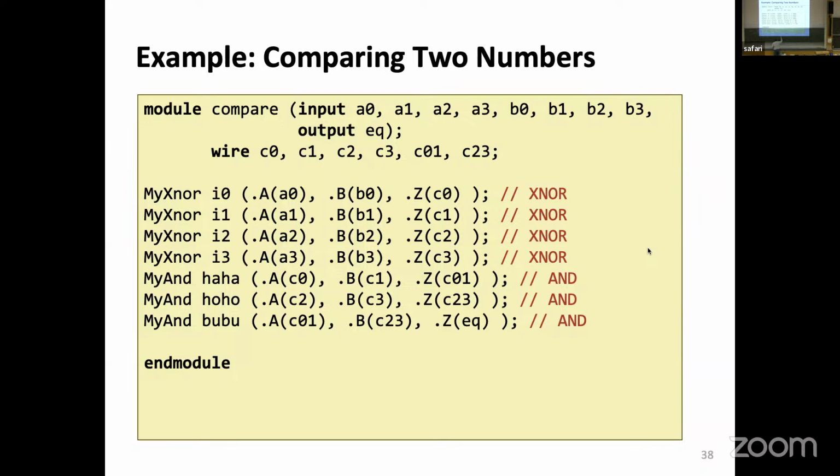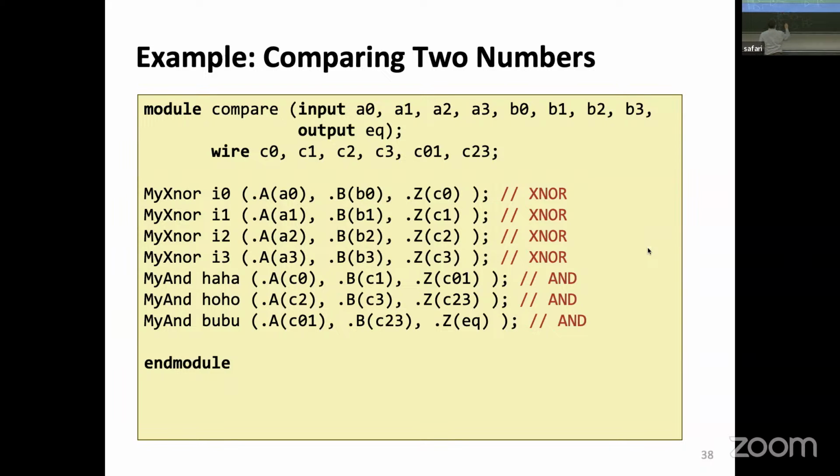I have 4 XNORs. And then I AND these together. And then I AND these together. These were, which one was it?